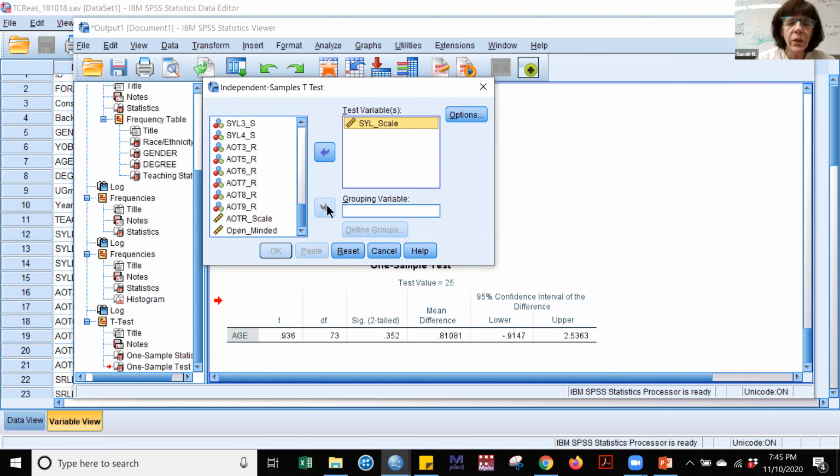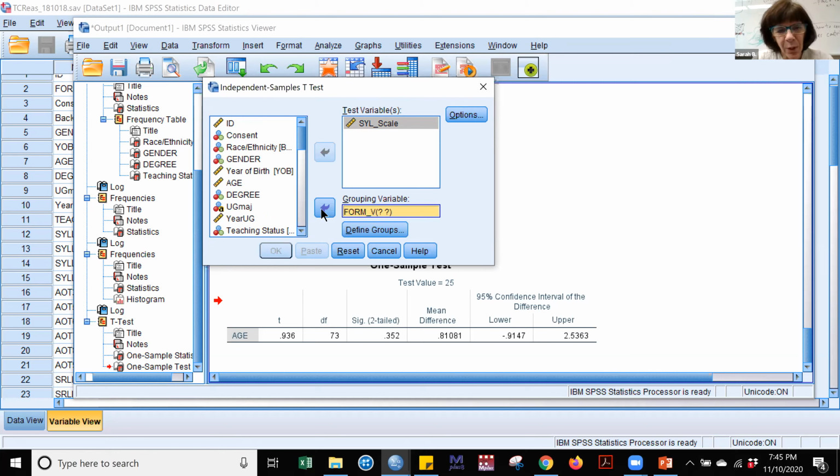Now, it wants to know what the groups are that I want to combine. And the groups are Form A and Form B. Now here it asks you, how are the groups defined? And at this point, Bonner has to remember, what are the values given to these groups?